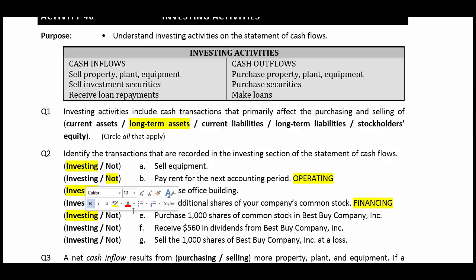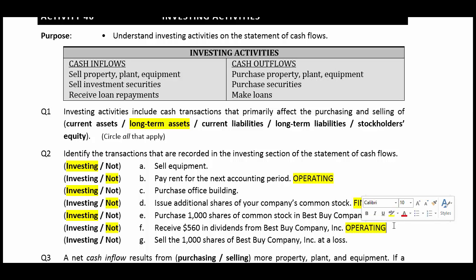Receive $560 in dividends from Best Buy Company. Another very confusing one. Not. It's not investing. It is what? Operating. Because remember, what's the story with dividends income? Operating. Dividends received are operating. Interest received and interest expense are both operating.